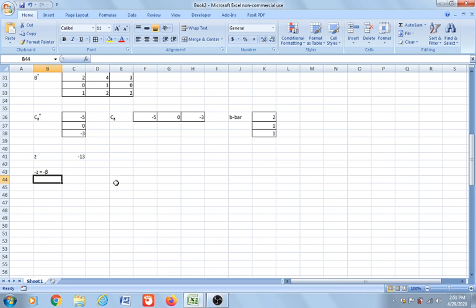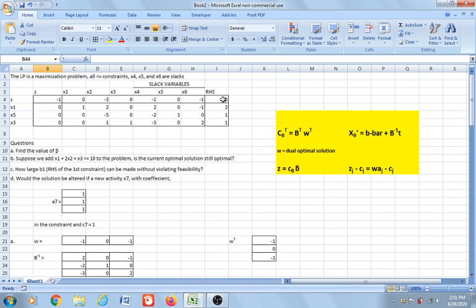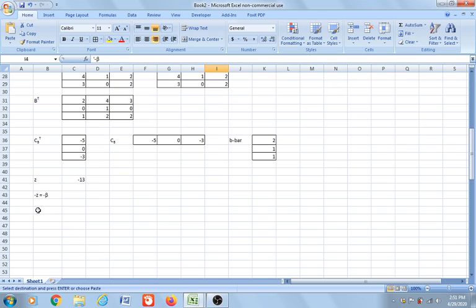So beta equals 13. So beta is just minus of the value of z. Okay. Oh, I'm sorry. So minus of minus 13. So beta is 13.